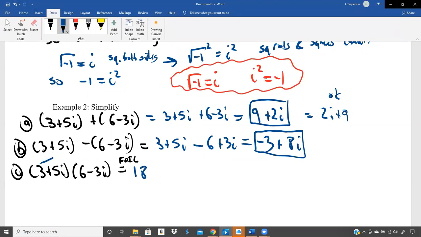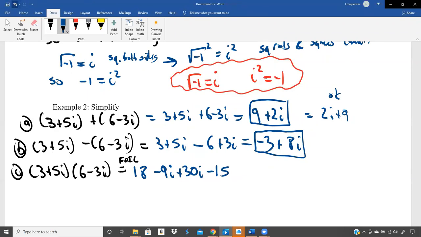The outer is the 3 times the negative 3i. 3 times negative 3 is negative 9, so that would be a negative 9i. Again, those i's are acting just like x's essentially, but they're not variables. Then the inner would be the 5i times the 6. 5 times 6 is 30, so that's a plus 30i. Then the last would be the 5i times the negative 3i. 5 times negative 3 is negative 15.